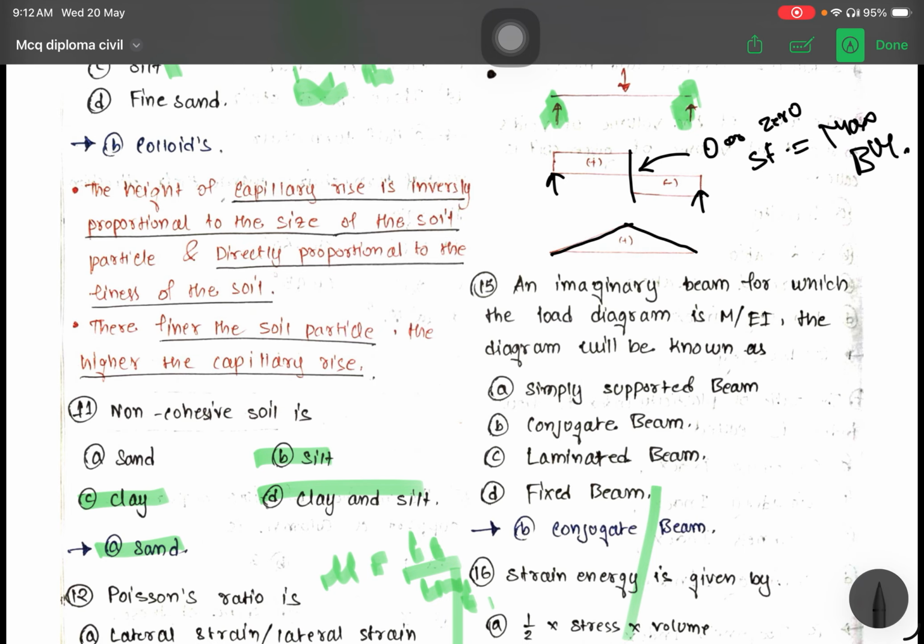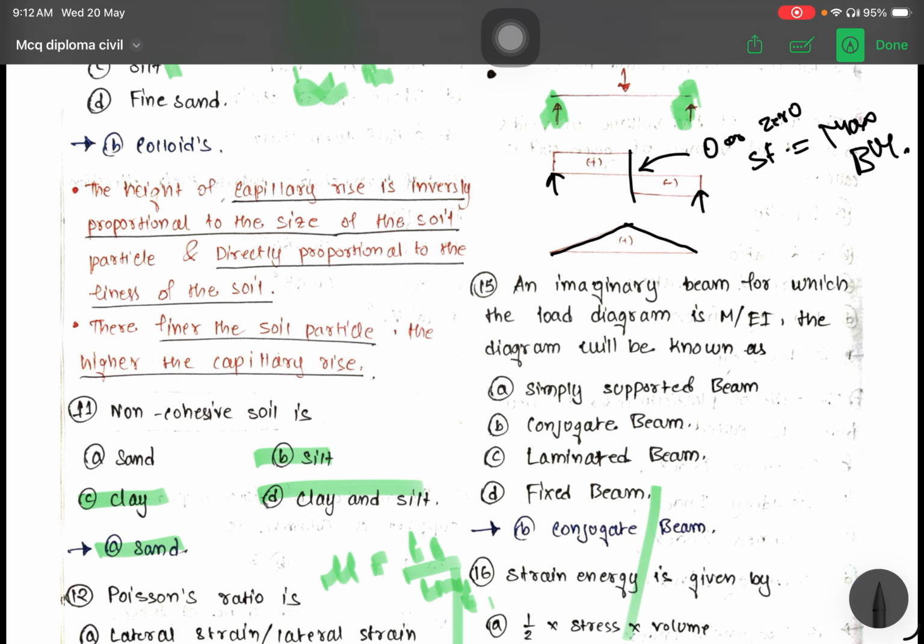Strain energy: when the mild steel stress strain diagram is like this. Up to the elastic point, when the stress is proportional to strain, the area under this stress strain diagram is known as resilience.